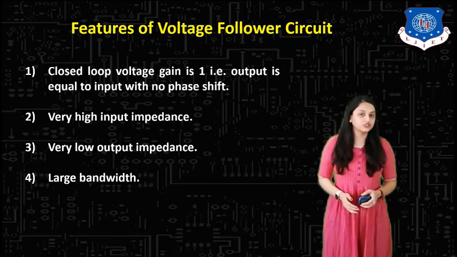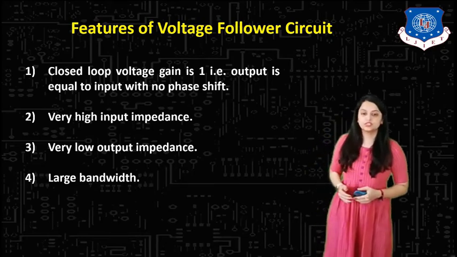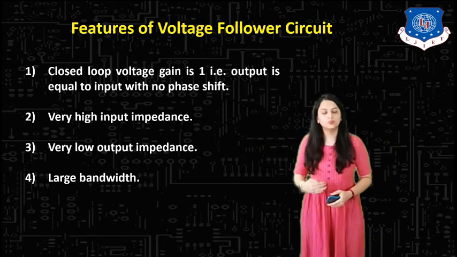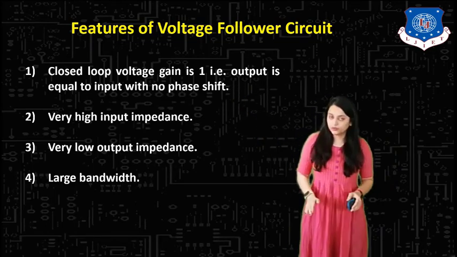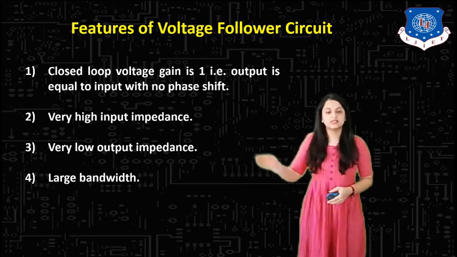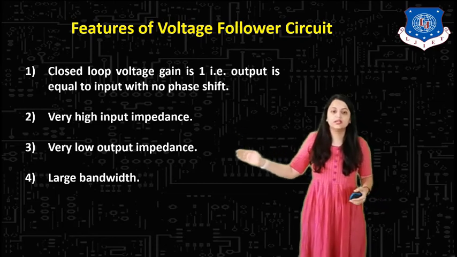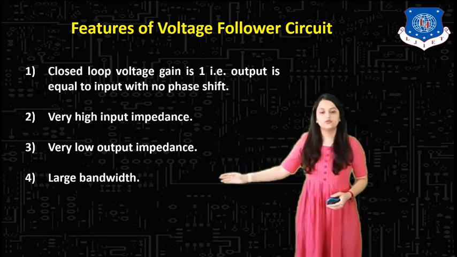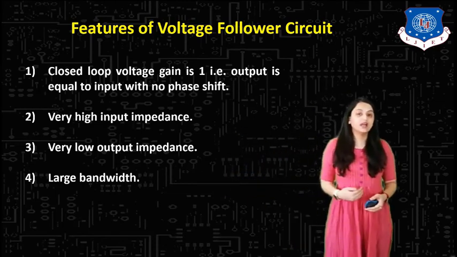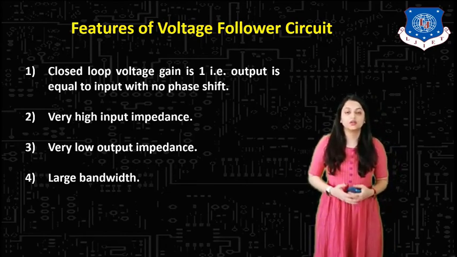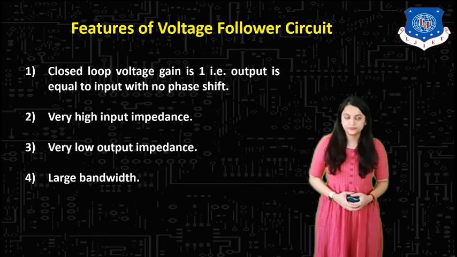I repeat the features: the closed loop voltage gain is 1, output equals input without any phase shift; it has high input impedance and low output impedance; and the fourth is that it has a very large bandwidth, which is a desired characteristic for any op-amp or any voltage follower circuit.